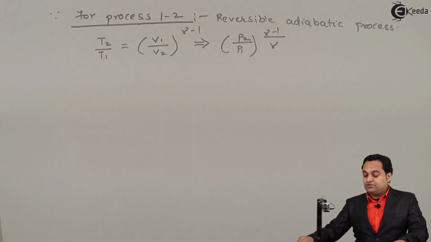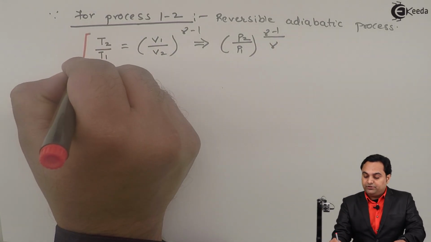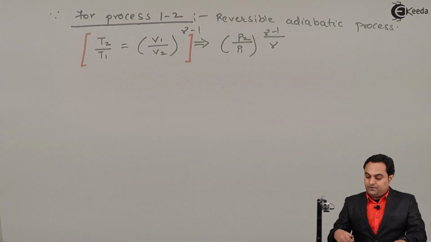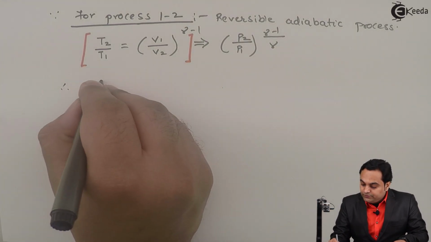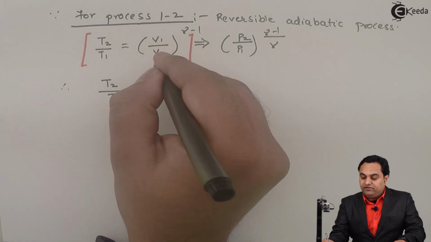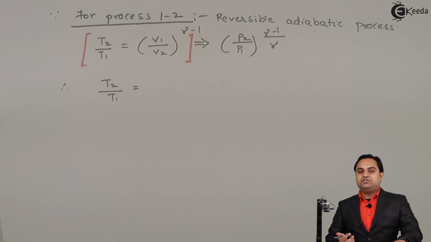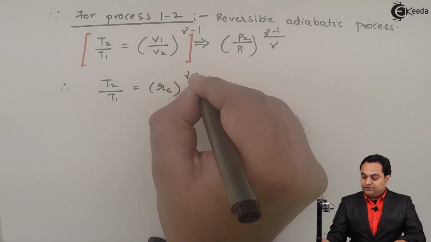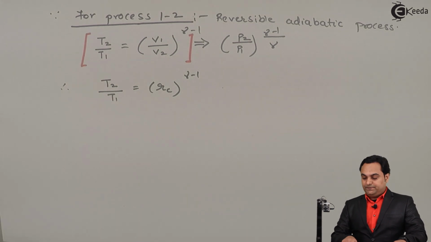Now we are interested only in the temperature and volume relation, so I'll use only this part of the equation. Therefore T2 by T1 is equal to V1 by V2, called the compression ratio, denoted as R suffix C, raised to gamma minus 1.